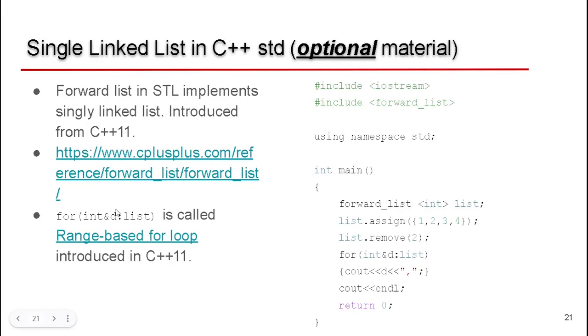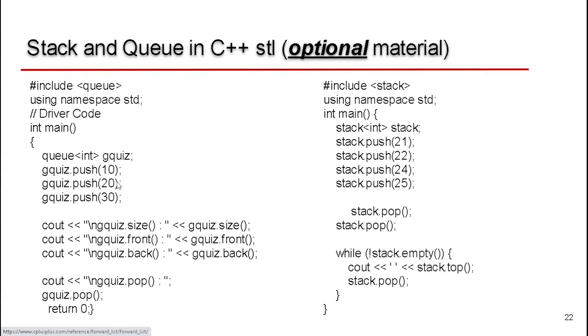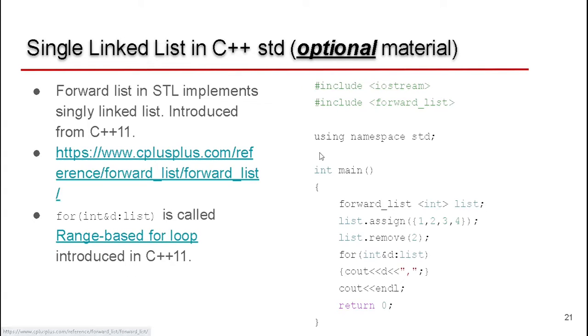Okay, this is the last two slides, very fast. This is optional, it's not requested from you. I just want to say that all the things that we are studying are already implemented in C++ in the STD, or the STL, the standard library.